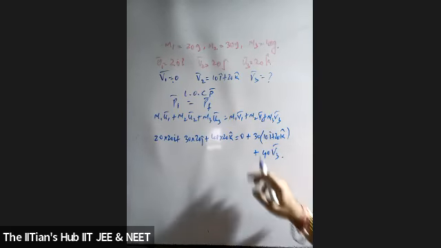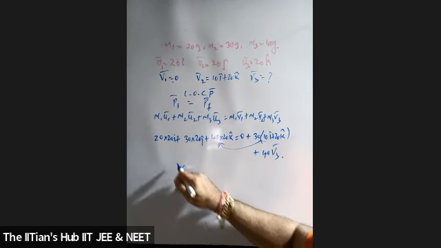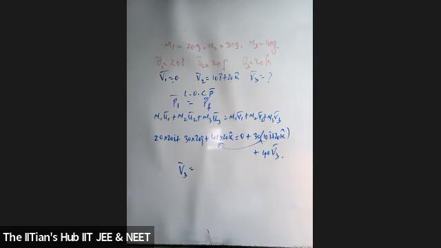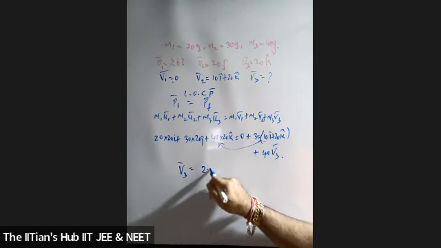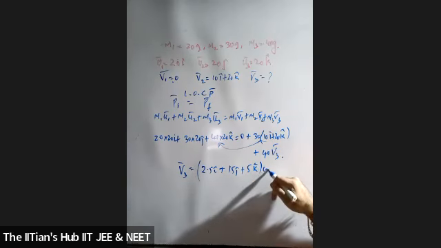So you need to get V3. Multiply, take it to this side, subtract, and you'll get V3. You got it as 2.5I plus 15J plus 5K, isn't it? That many centimeter per second? Yes, sir.